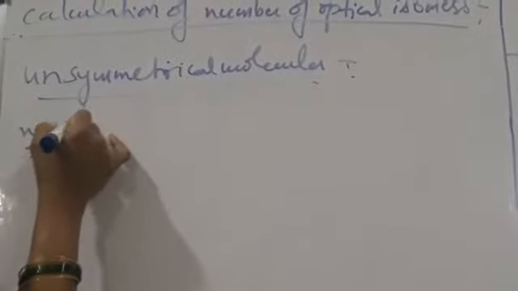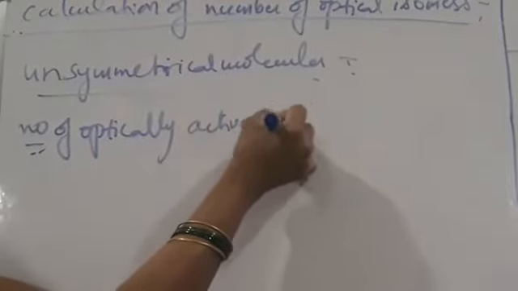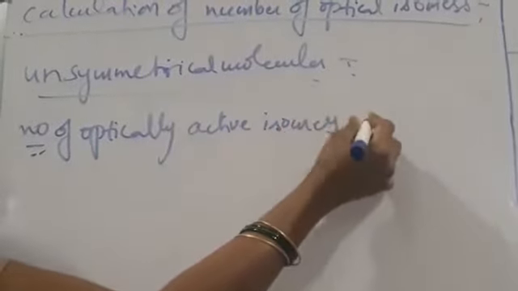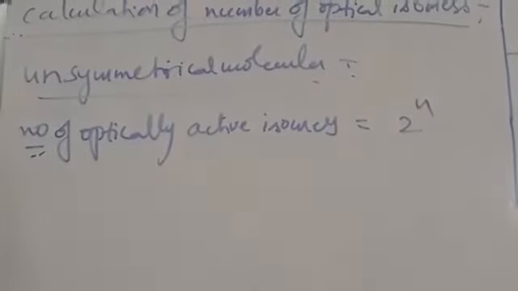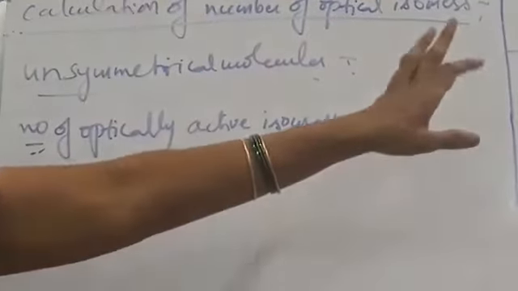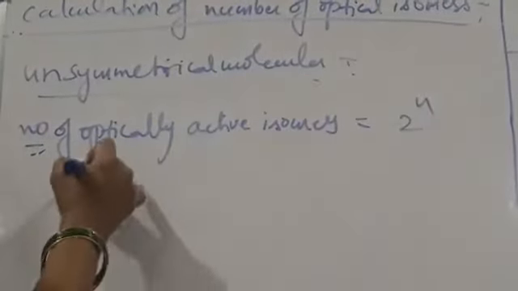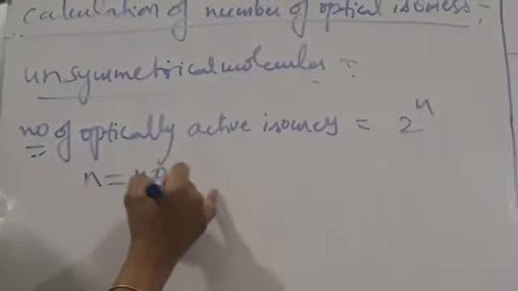Okay. So first coming to the number of optically active isomers. That is equal to 2 to the power n, where n is the number of chiral centers or chiral carbons.